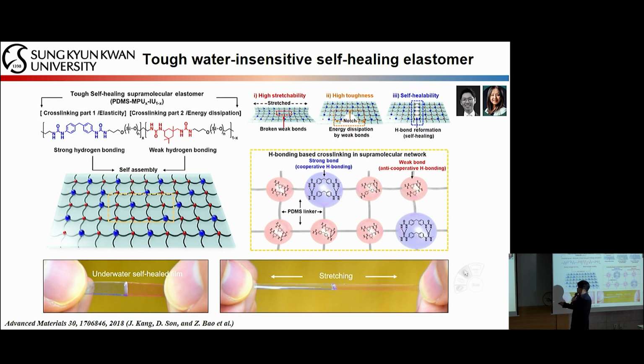Its low Tg also enables the broken hydrogen bonds to autonomously recover. We also have the hydrophobic backbone, and its hydrophobicity fully supports the underwater self-healing capability. Underwater self-healing is a critical performance for achieving an in vivo peripheral neural interface.